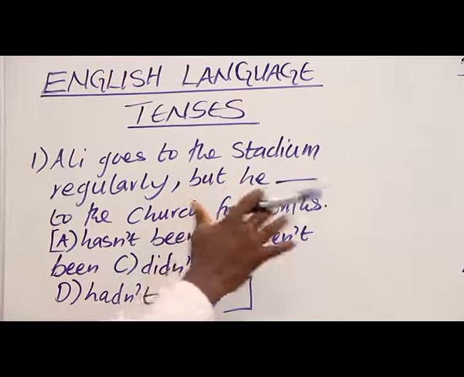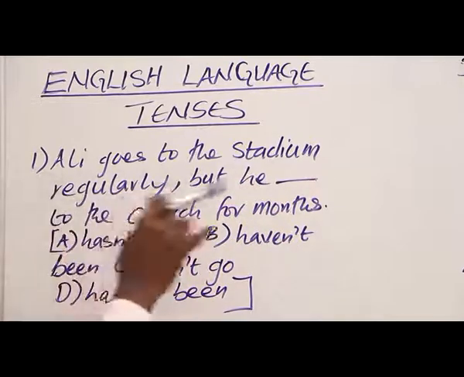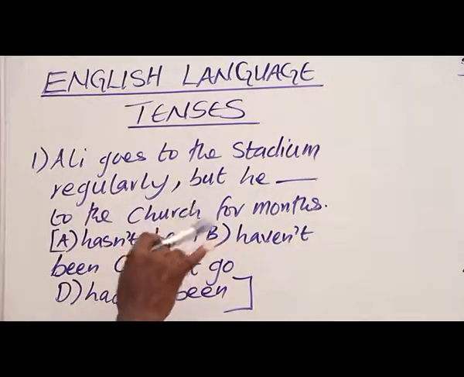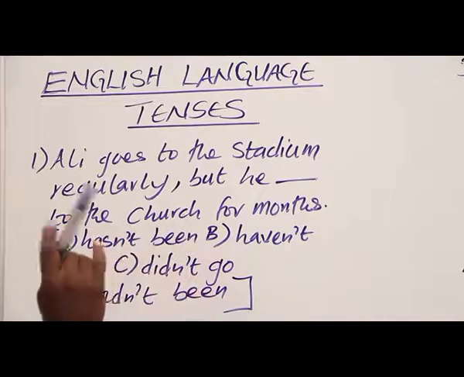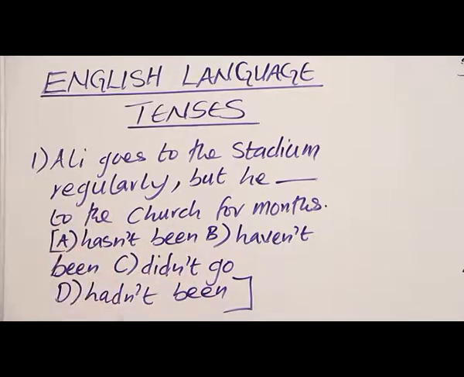Ali goes to the stadium regularly, but he dash to the church for months. Our options are: A, hasn't been. That is, Ali goes to the stadium regularly, but he hasn't been to the church for months. Then B, haven't been.